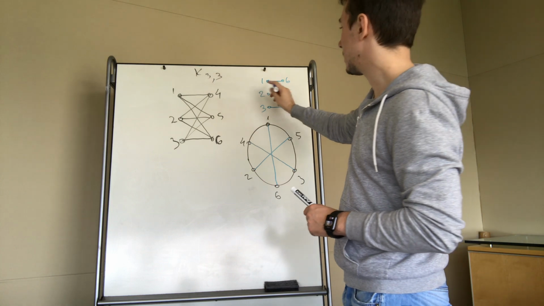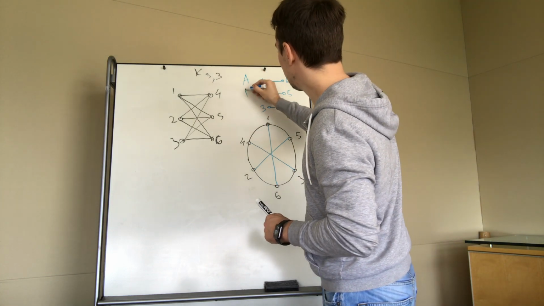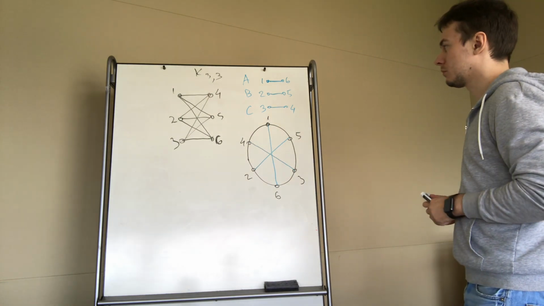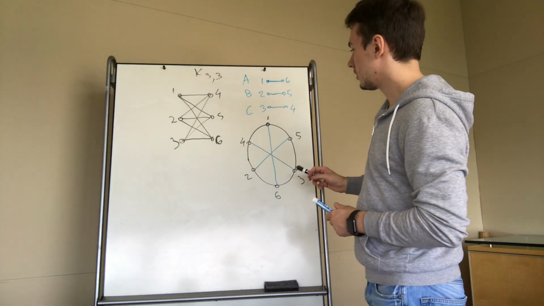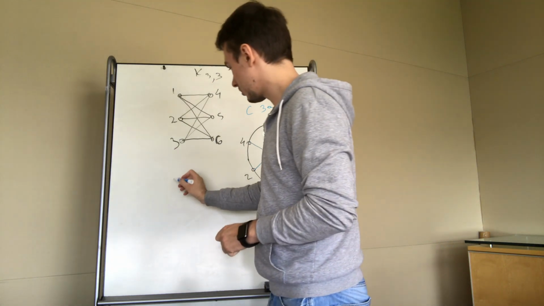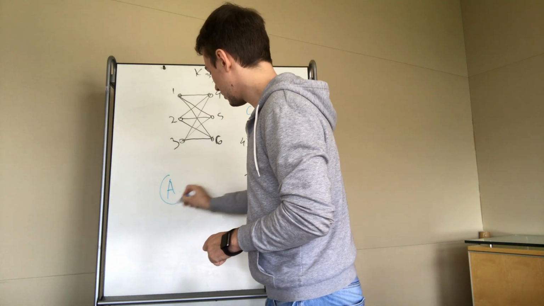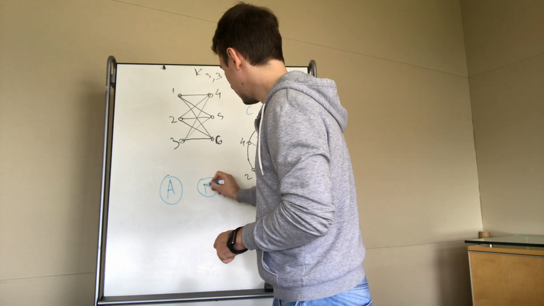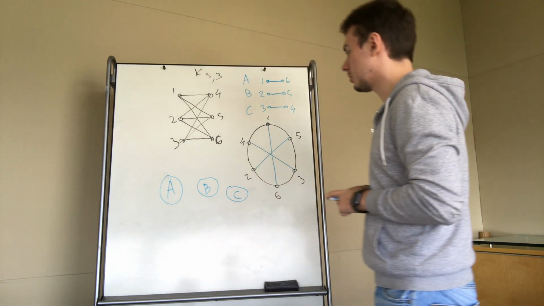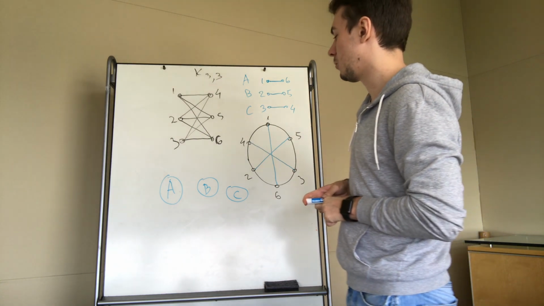Let's say this is subgraph A, B, and C. Now we want to build a graph of graphs, and check if it is a bipartite one.